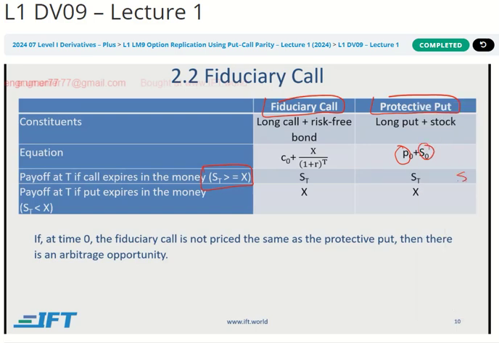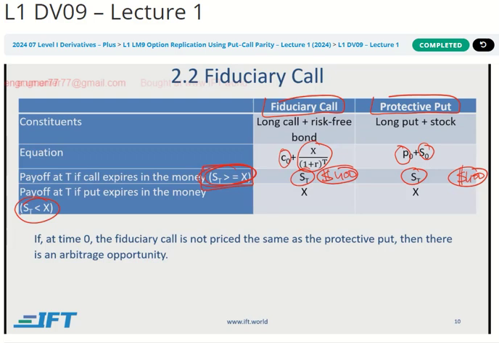This is the $400 scenario again. So you will have the asset which you will sell at $400, and in terms of the fiduciary call, you will get $100 from this call option and $300 from this zero coupon bond, which is also $400. So the payoff is same if you are looking at S greater than X.